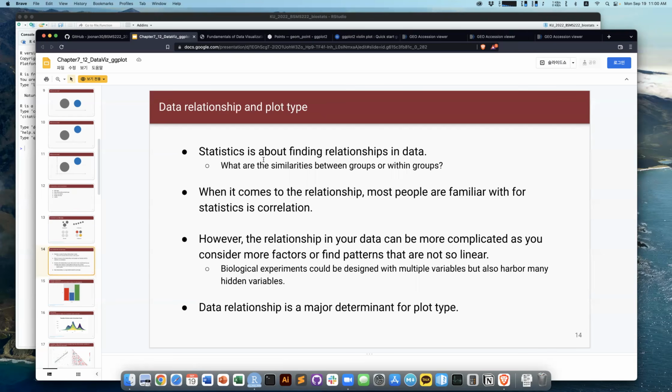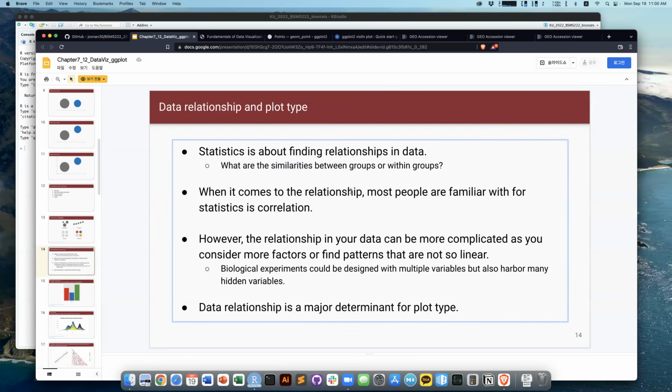So statistics is describing the observation you made from your experiment or your research. And you keep thinking, what are the similarities and what are the differences between my observation and the expectation? So getting the relationship of the data set is the key thing, and you have to keep doing it in data visualization, and you have to find the optimal way for plotting, right?